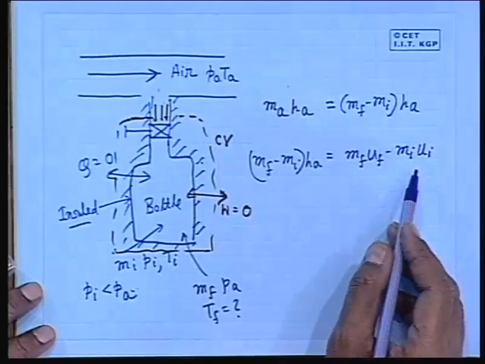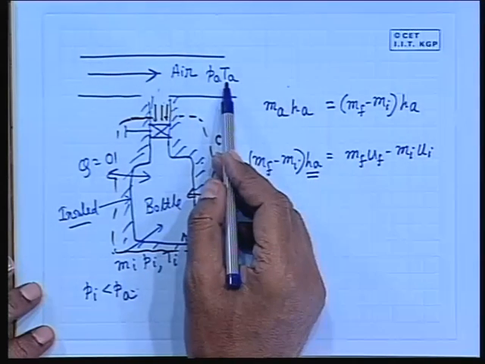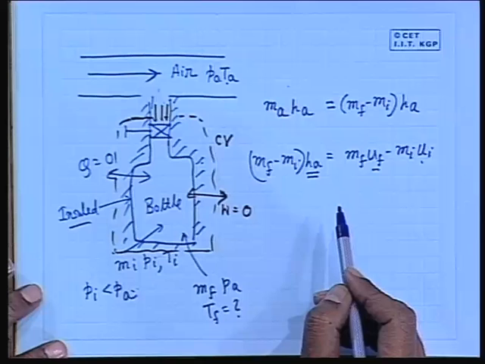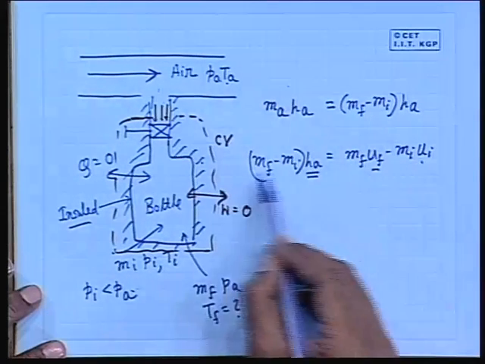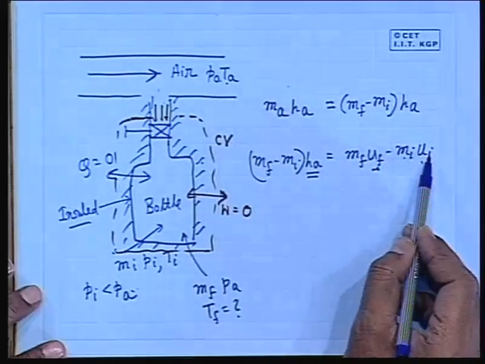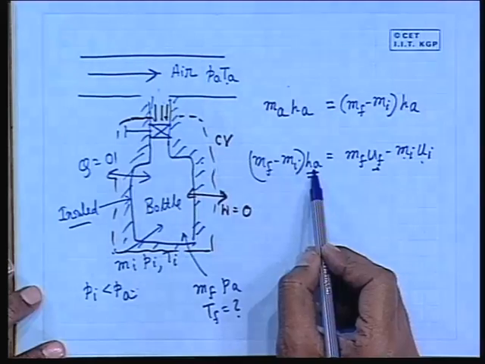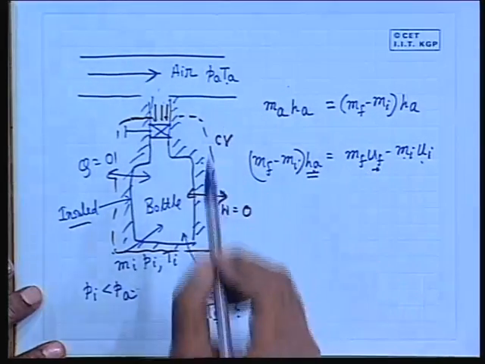From the property relations, we will know how H relates with the temperature for air and how U relates with the temperature for air. So if we know that, from this equation we can find out Uf, knowing Mi, Ui, Ha. So we can find out Uf, and from Uf we can find out the temperature.